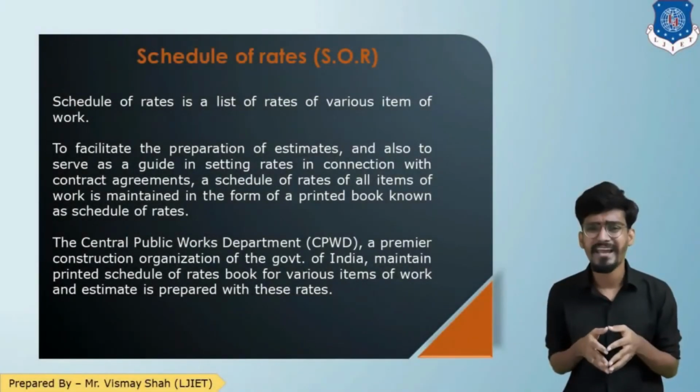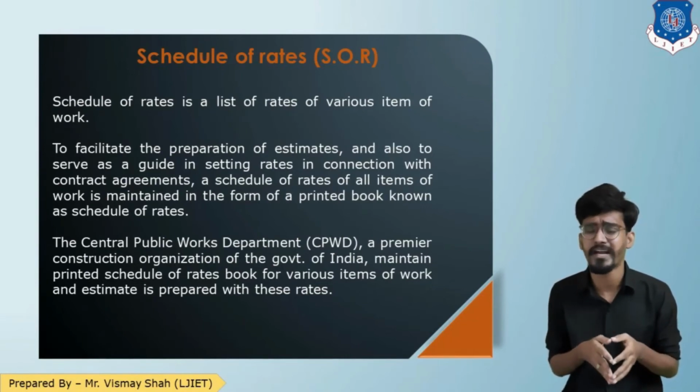Moving forward, the next topic is SOR, Schedule of Rates. To facilitate the preparation of the estimate and also to serve as a guide in connection with the work, a schedule of rates of all the items is maintained in a printed book known as Schedule of Rates.